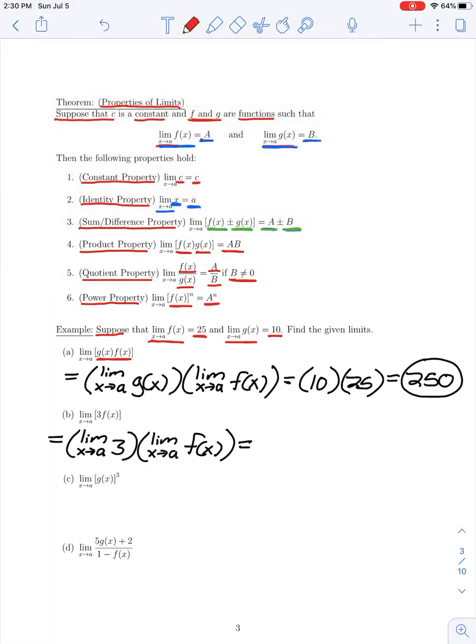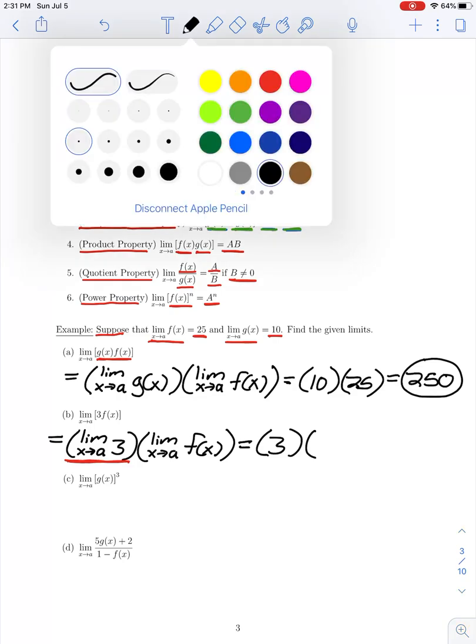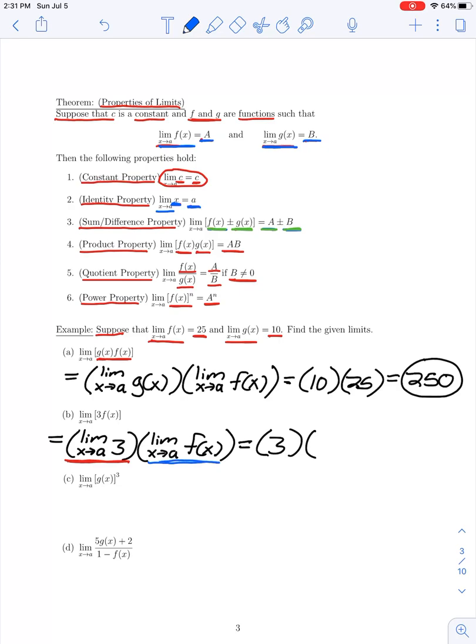Now for this first limit, the limit as x approaches a of 3, we can use our constant property. Remember, property 1 says the limit as x approaches a of any constant c is equal to c. So in this case, the limiting value of 3 is equal to 3. And then we're multiplying by the limit as x approaches a of f of x, which in the problem statement we were told is equal to 25. So we have 3 times 25, or 75.